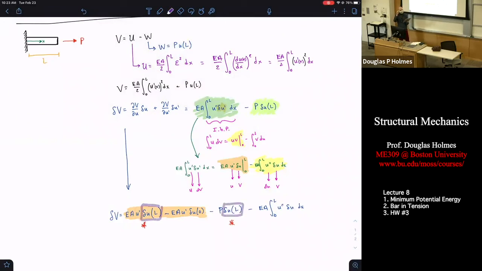They both have delta u evaluated at L. So we'll write that down here together: EA u prime minus force.